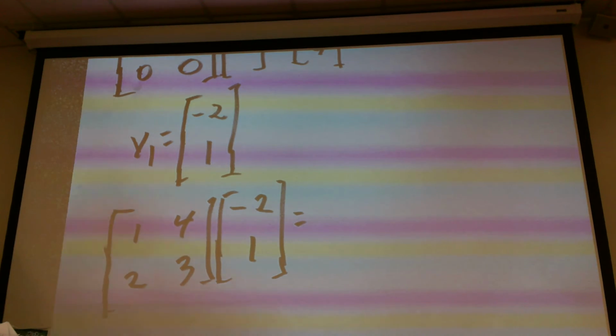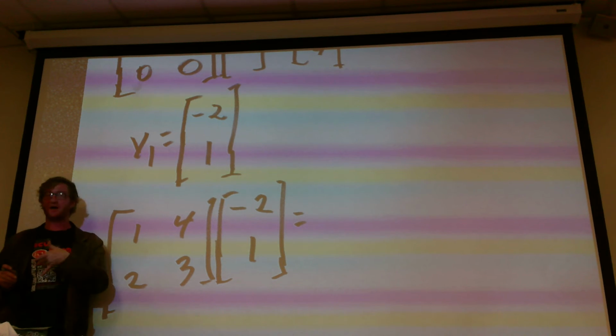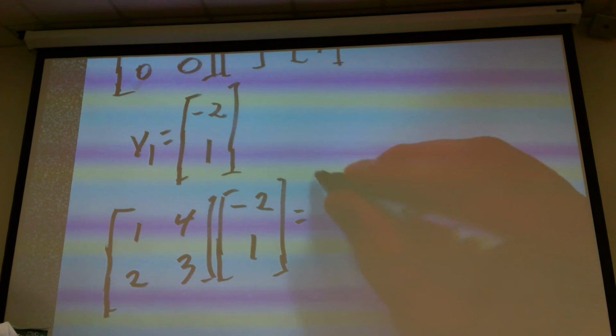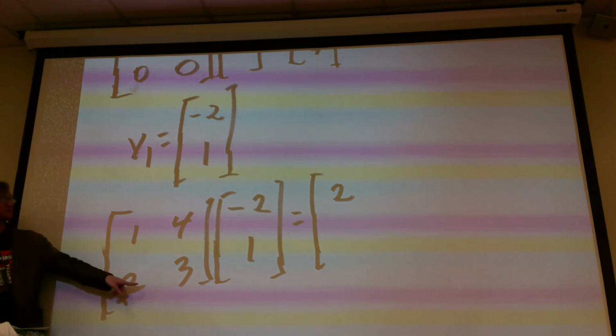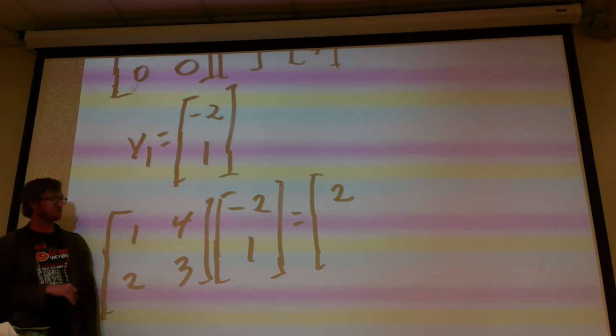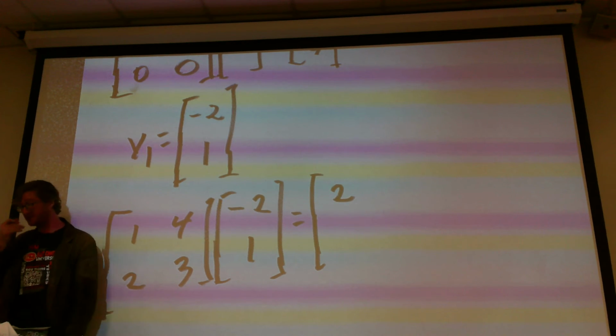Okay. Well, 1 and 4 acting upon it, that would be a negative 2 and a positive 4. So it would be a positive 2. Okay. Now, 2, 3 acting upon it, the first one's going to be negative 4, and the other one's going to be 3. So negative 4 and 3 comes up to be a negative 1.